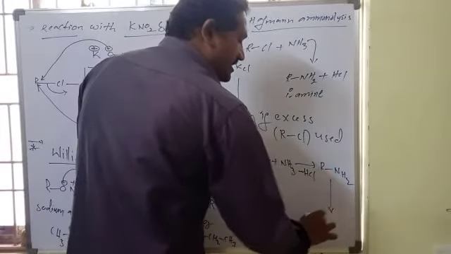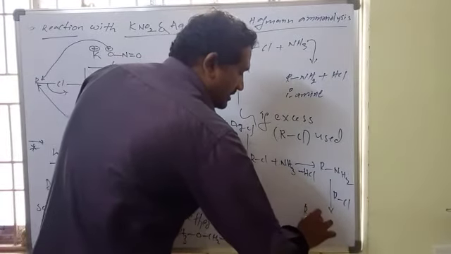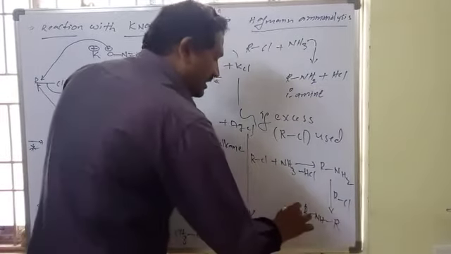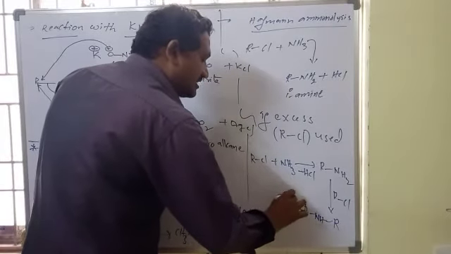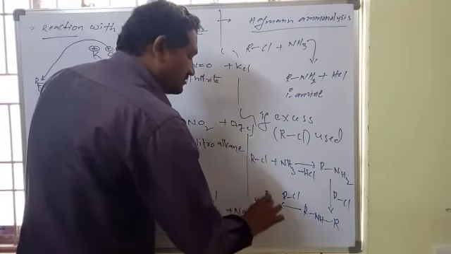Then again it can react with RCl, and the secondary amine is the product, NHR, and again it reacts with RCl, and the tertiary amine is the product. So the product formation is like this.